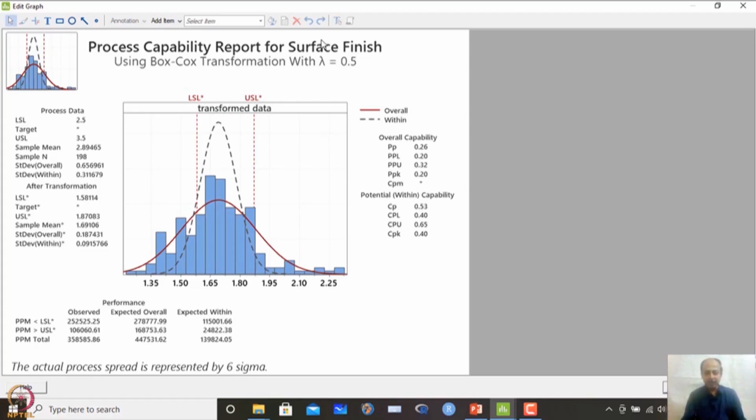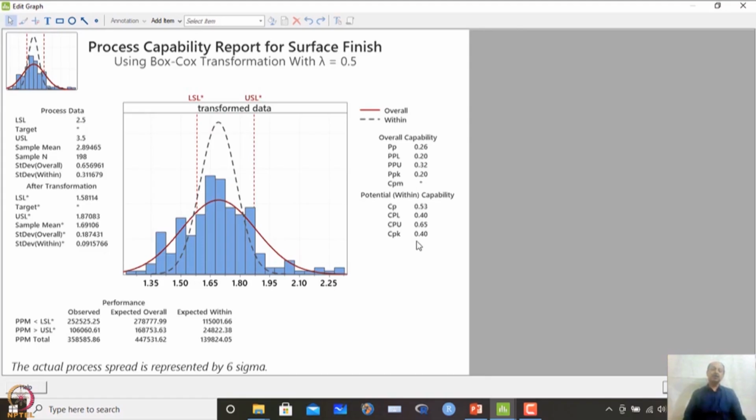Then the PP and PPK, CP and CPK indices were calculated, and you see that LSL and USL are also changed because I have used the square root transformation. The values are transformed, and accordingly the data was confirmed to be normal after the transformation, and with the transformed data I am calculating the CP and CPK indices.